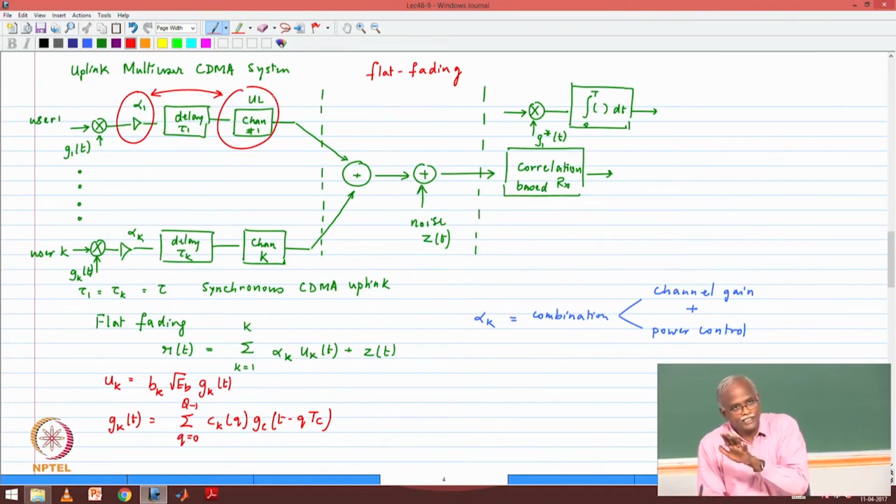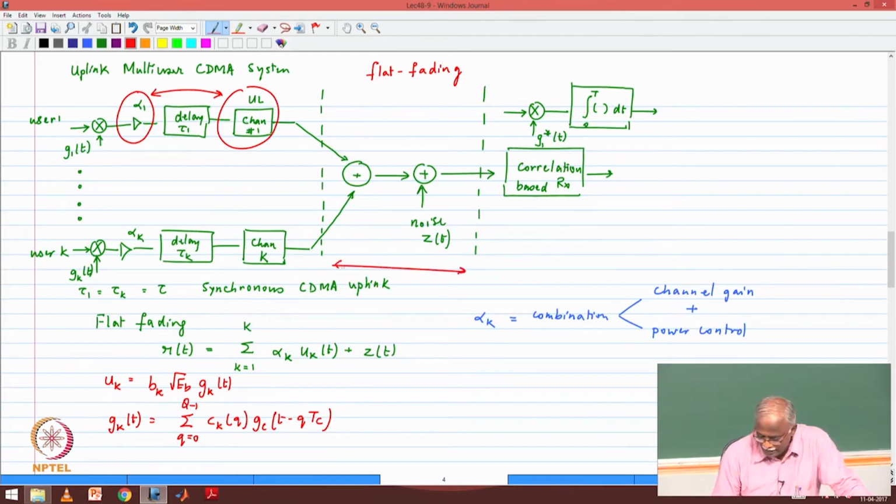At the base station, I am listening to all the signals, because all of them are using the same frequency. So, in the channel, these different multi-user signals get combined. This is what is my channel. The channel basically combines all the individual user signals, and of course, then will add some additive noise, and that is the composite signal that is given to the receiver.